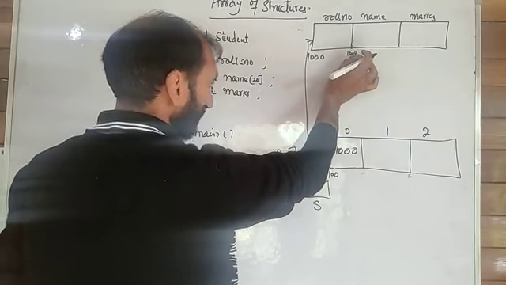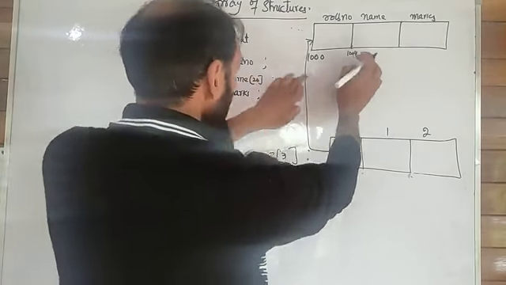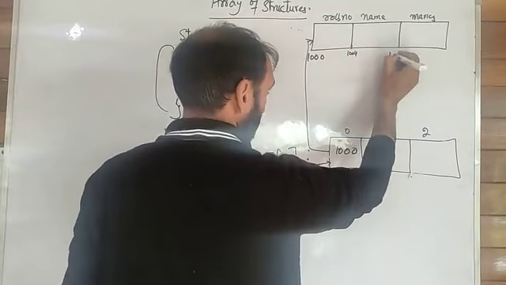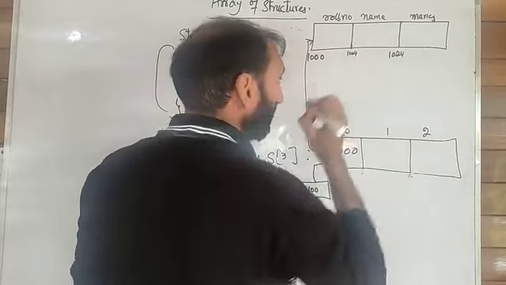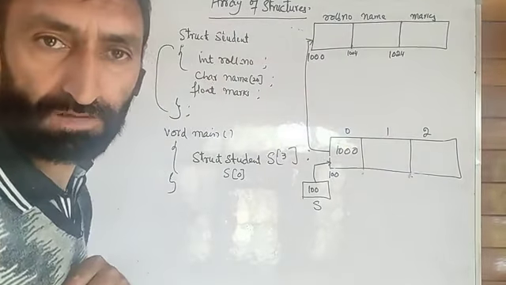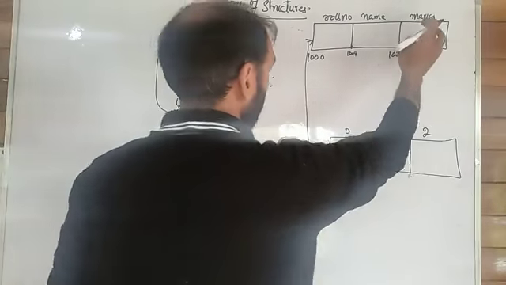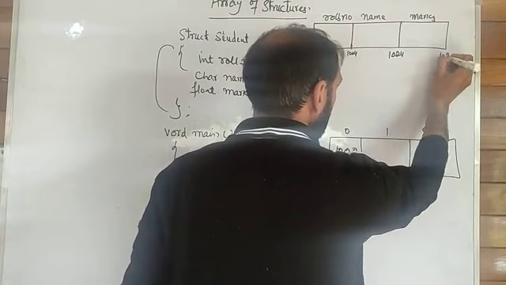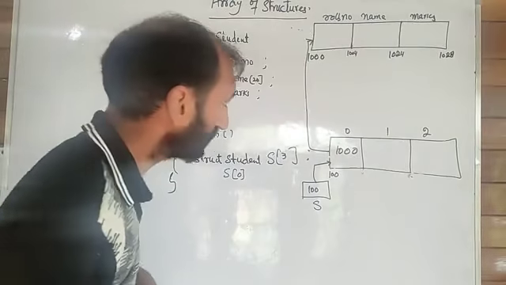So here it would be 1004. And name is 20 bytes, so 1004 plus 20, it would be 1024. And marks will contain 4 bytes. That means 1028.